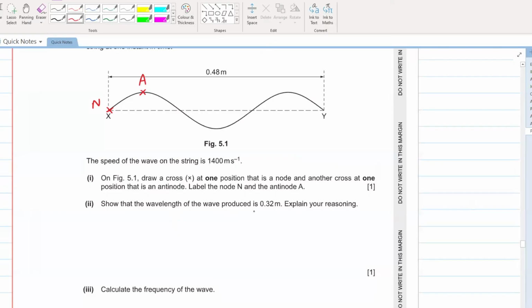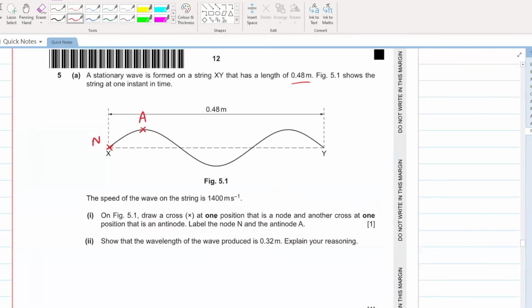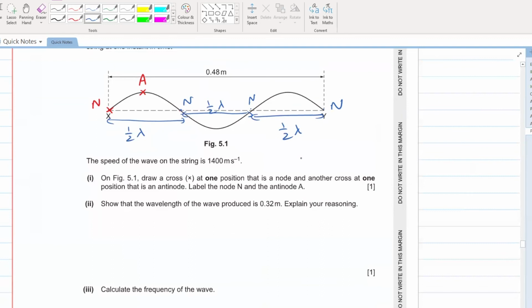Show that the wavelength produced is this. Explain your reasoning. You have to calculate the wavelength. Can you realize this is a node? And this is also a node. This is also a node. This is also a node. The distance from node to node is half lambda. The distance from node to node is again half lambda. And again half lambda. So what can you observe?